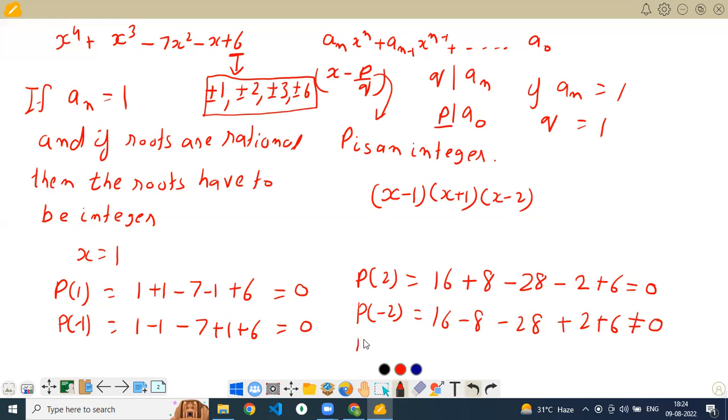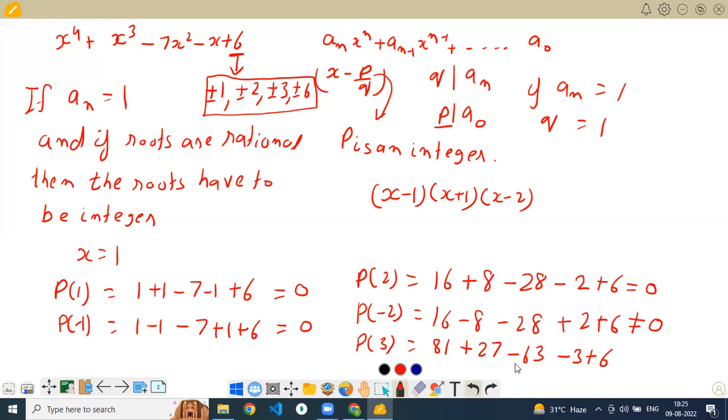Let's put x equal to 3. Minus 27, minus 60. No, it's not 0.